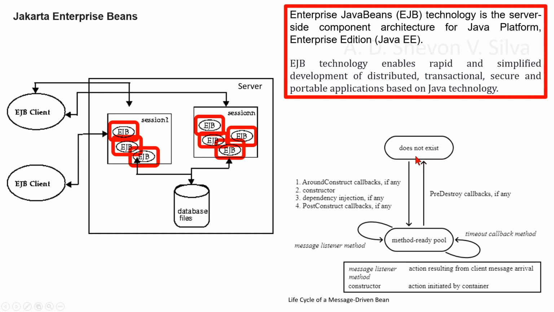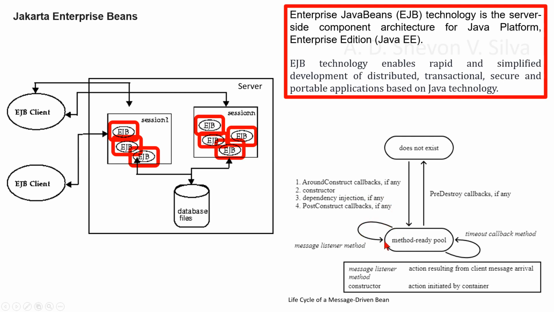Here you can see the does-not-exist state interacting with the method-ready pool. Does not exist is connected to the method-ready pool via step 1, newInstance, with a class constructor callback, if any. Step 2, constructor. Step 3, dependency injection, if any. Step 4, post-construct callback, if any.